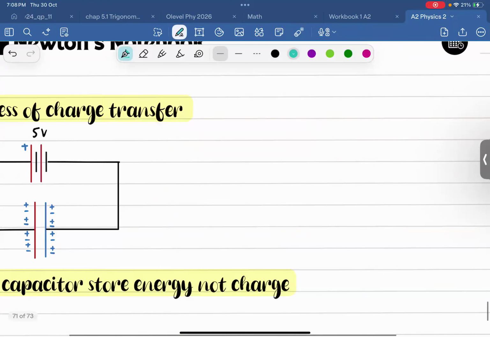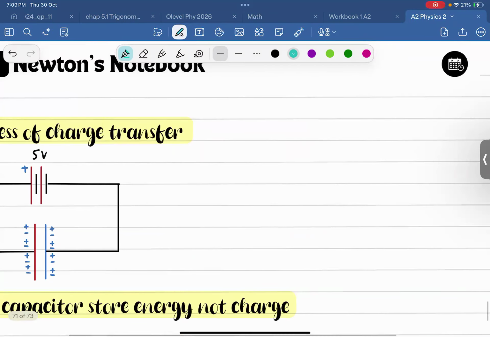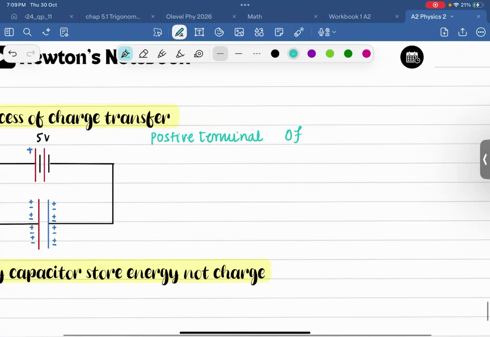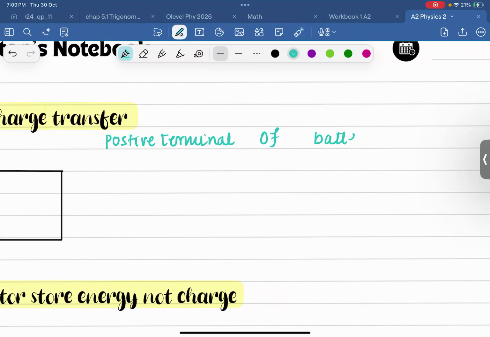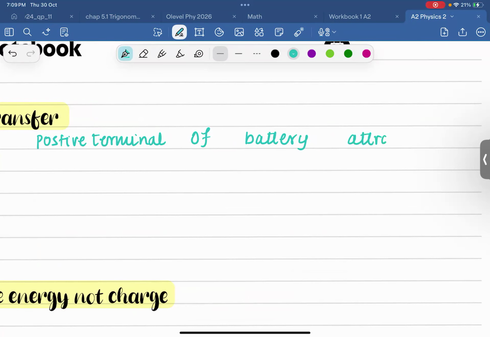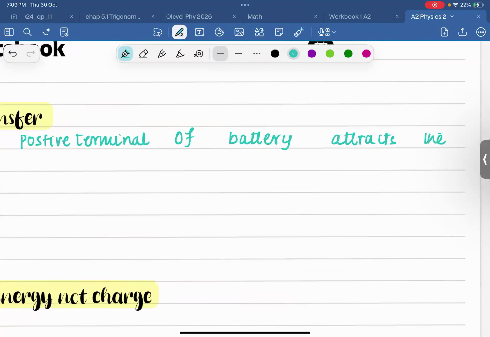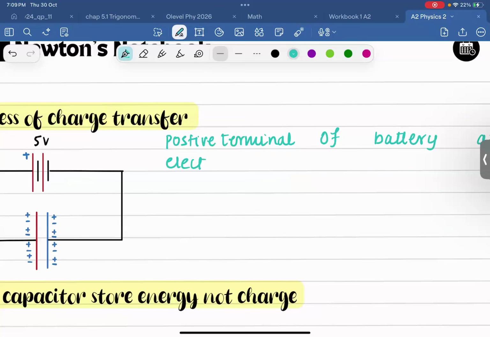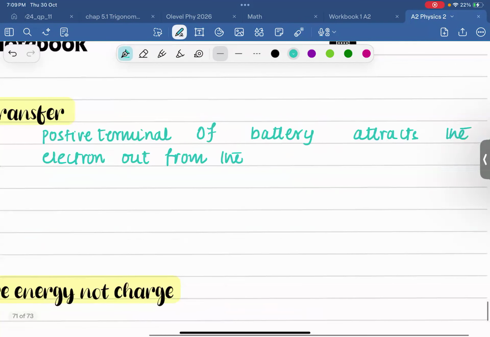Okay. So the positive terminal of the battery attracts the electrons out from the metal plates, okay?